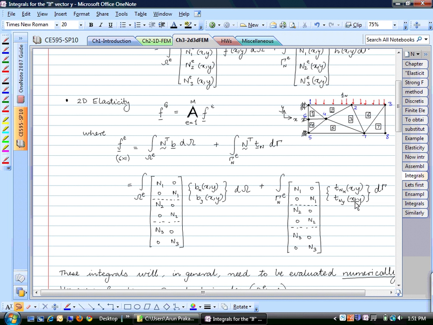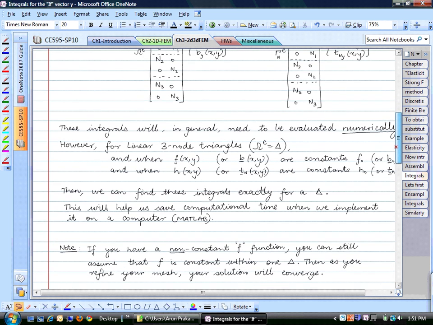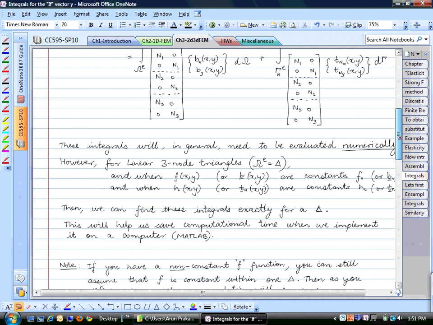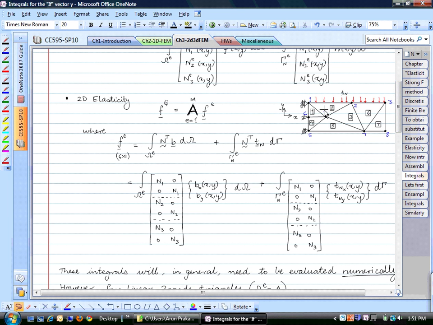Similarly, let's say that the traction is varying over this edge in a sinusoidal manner. Then the traction would not be constant, and you would have to use some sort of numerical integration. But the trick here is that even if you have a non-constant f function, you can keep on dividing your mesh into smaller and smaller triangles.